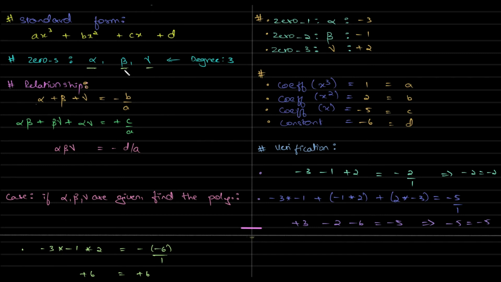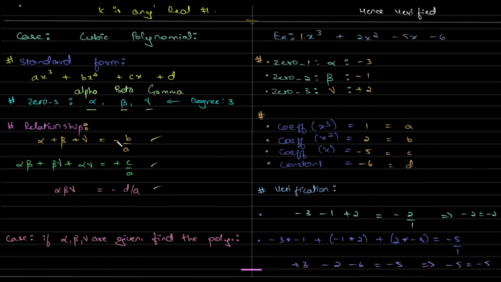So alpha, beta and gamma. Okay, that's how you read this as alpha, beta and gamma. So there are three zeros, and the relationship is this. We need to memorize that, and we verified using one example.